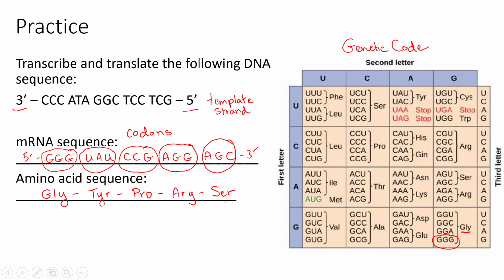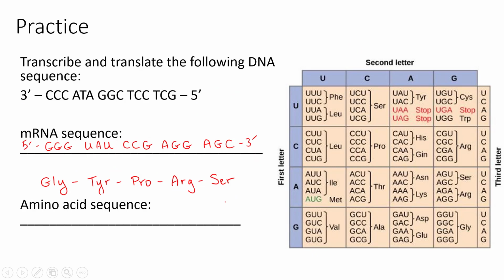So that's how you decode the mRNA sequence to determine the amino acid sequence of the protein. So that's a review. Now, in this lecture video, we're discussing mutation. So I'm going to go to the next slide.